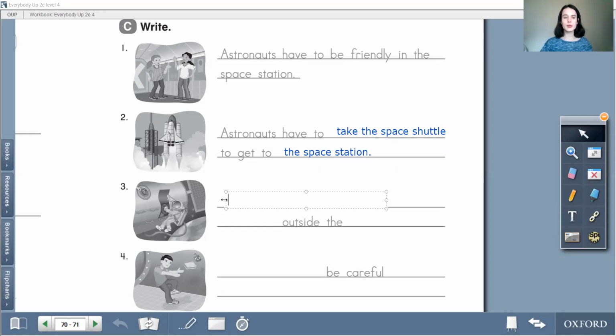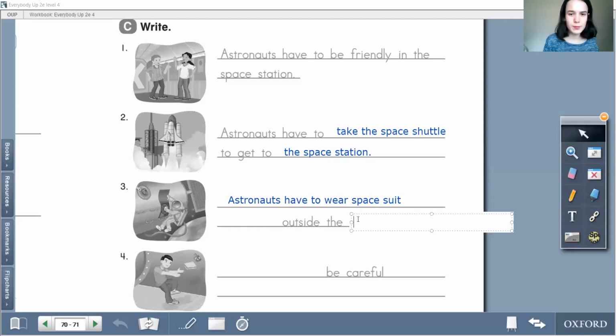So, astronauts have to wear spacesuit outside the space station, right?